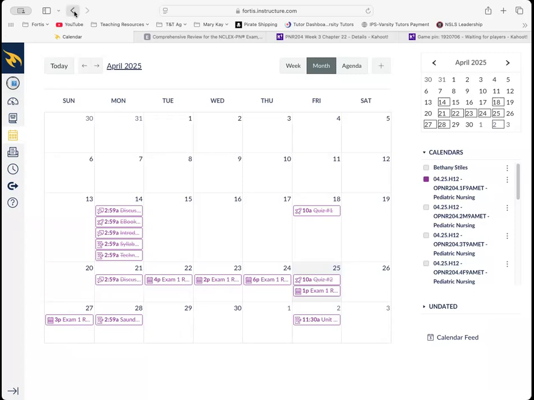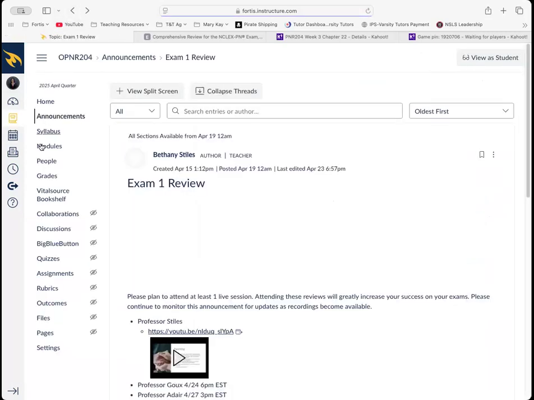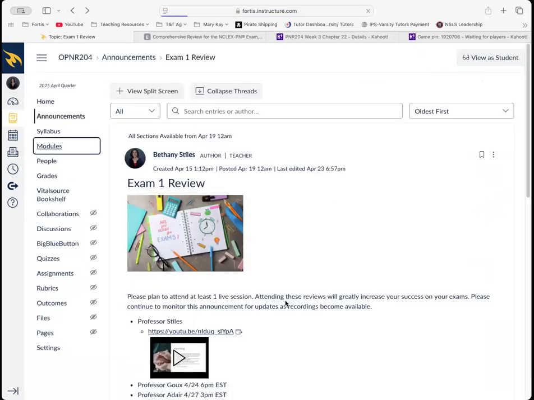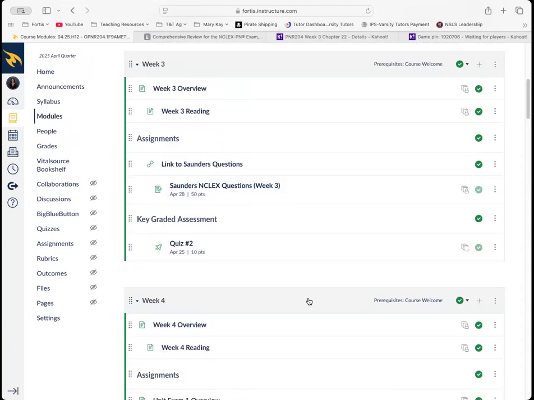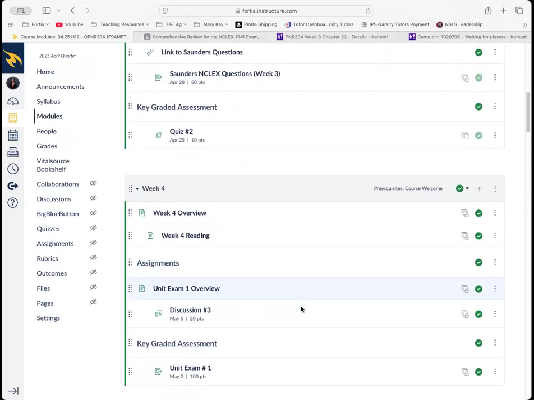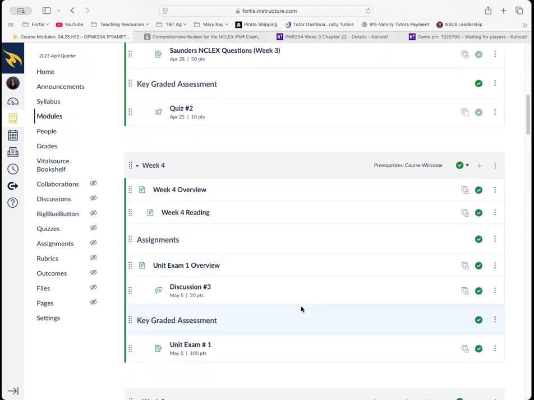For next week, let's go back to our modules. Next week, we have our first exam together. So please try and log into class like 10 or 15 minutes early so that we can get you checked in. Make sure you have 2 devices ready, one to run your exam, one to run your Zoom so that your camera is on the entire time.